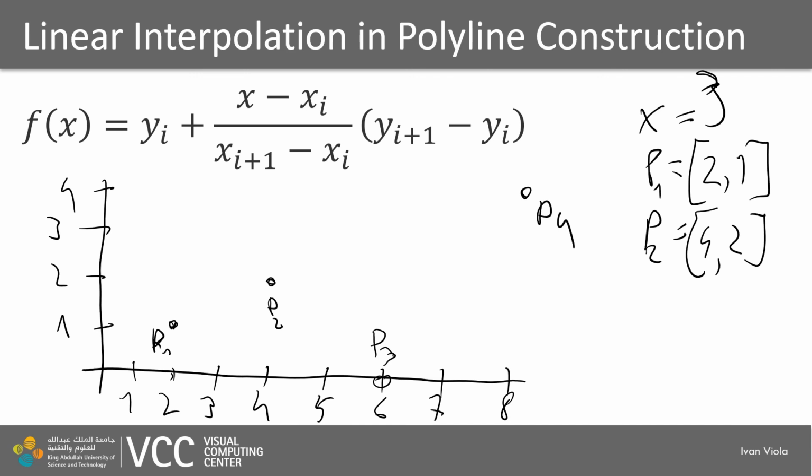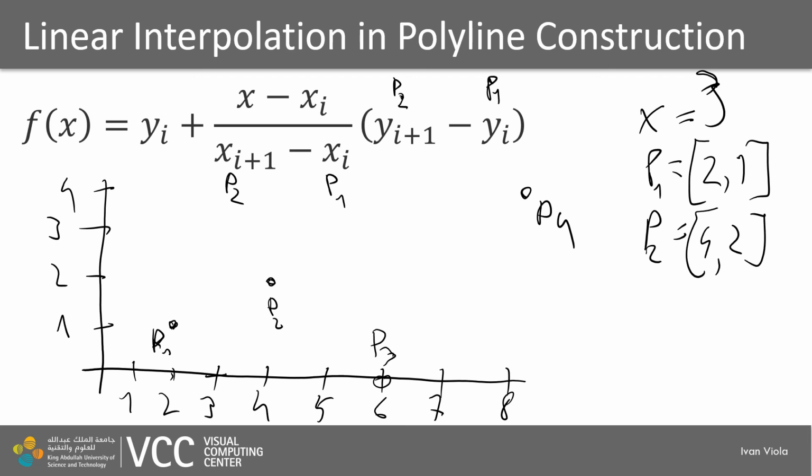If we now put these values here, this will be the x coordinate of P2, this will be P1, and the same holds here for the y coordinate. This is P2, this will be P1. And we can see here that for the x, we do not know the y. That's the interpolated value we would like to find out. We are continuously changing the x, and we are finding the y for the purpose of interpolation.